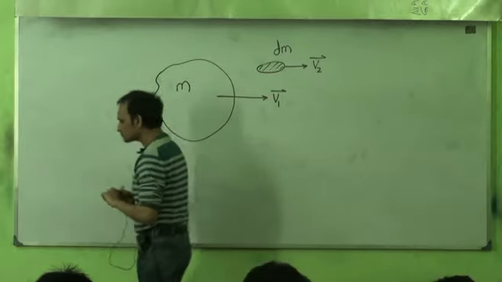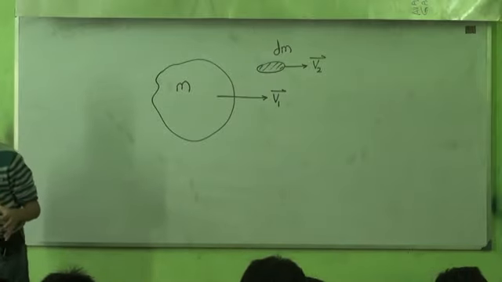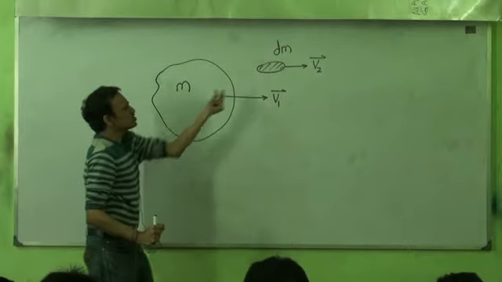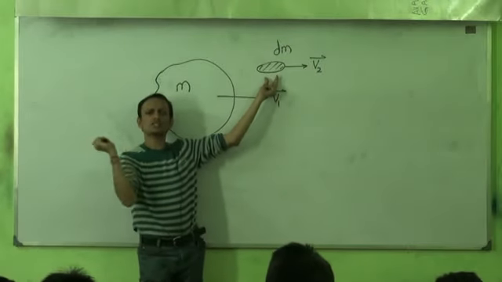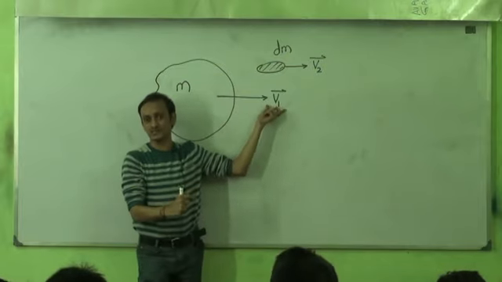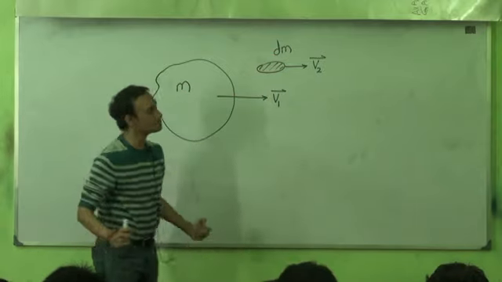Now, no net external forces acting on the system. One thing, since this mass is so small, the mass that is expelled is so small that it's not going to significantly alter this v1 in this short interval of time in which this mass is expelled from the system.